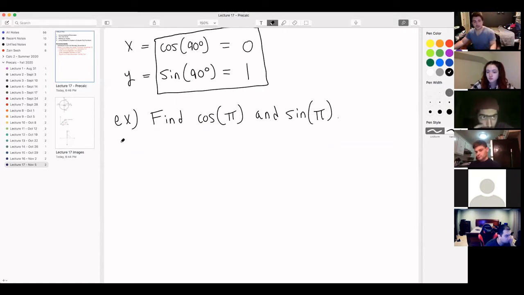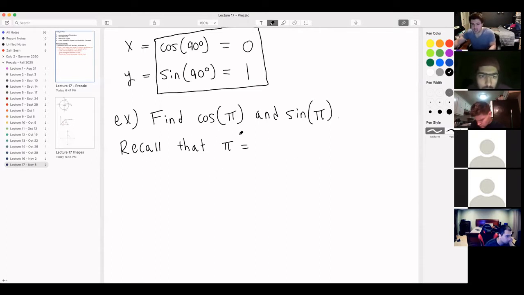Would someone like to tell me what pi radians corresponds to in degrees? 180. 180, yes. Thank you, Camille. Pi radians is 180 degrees. The reason I want to think about it in degrees is because it makes it easier to draw the angle in standard position.